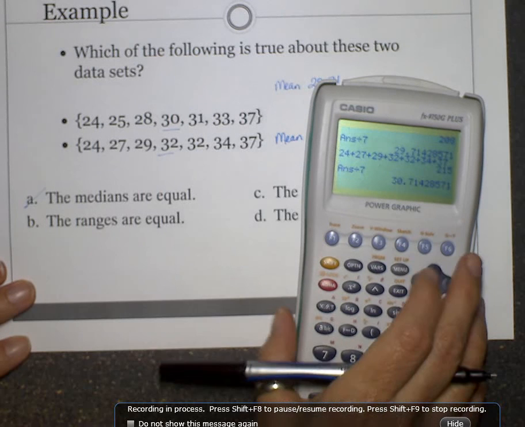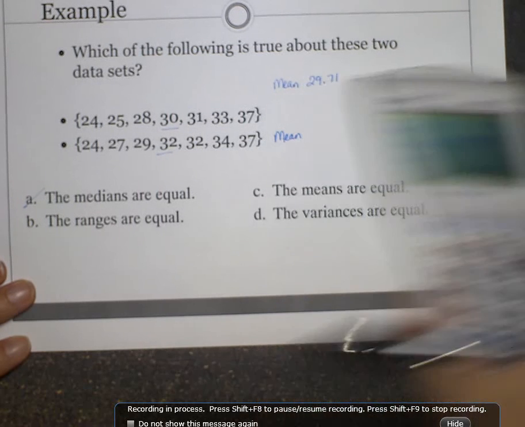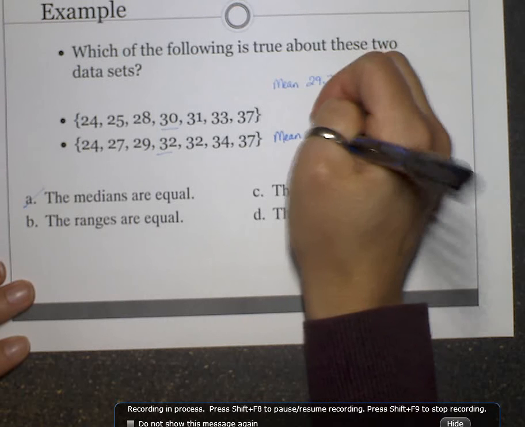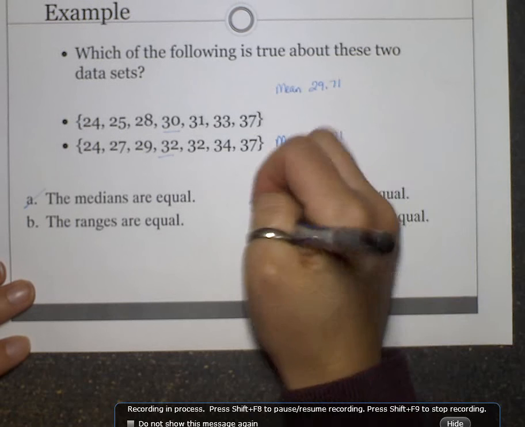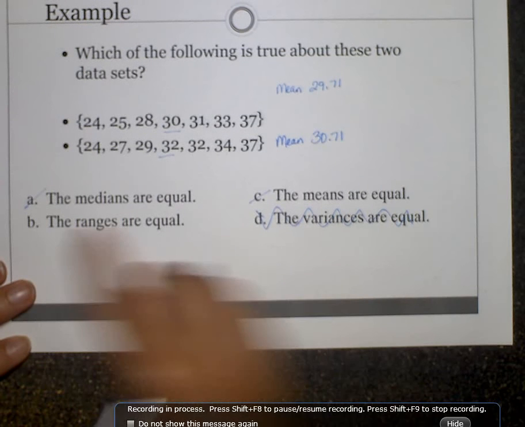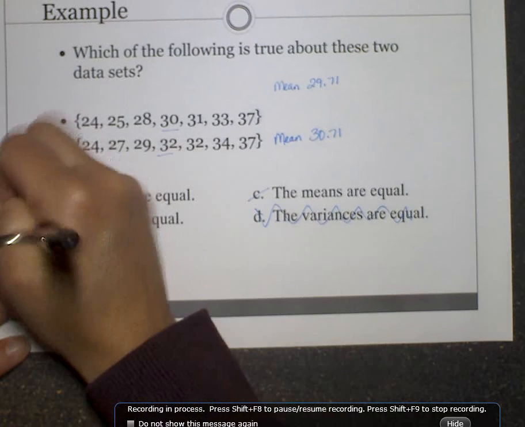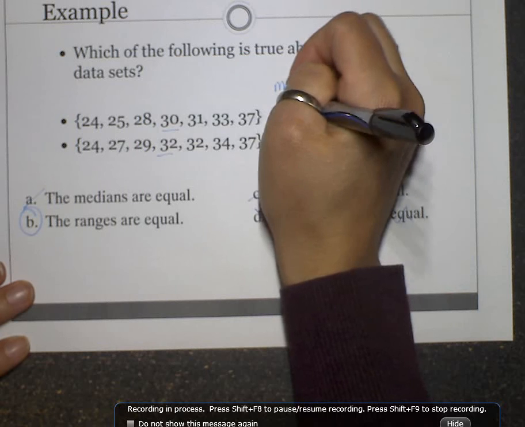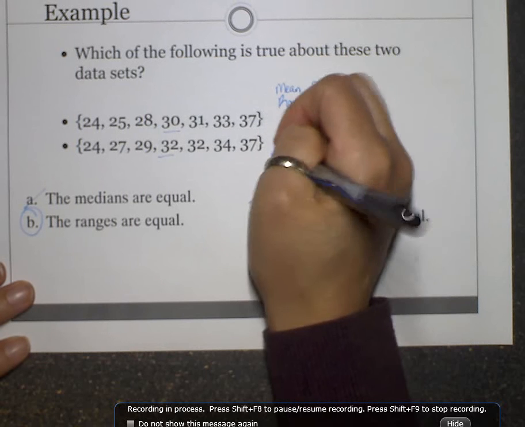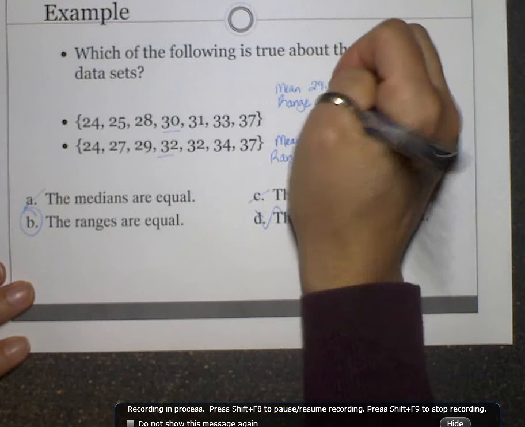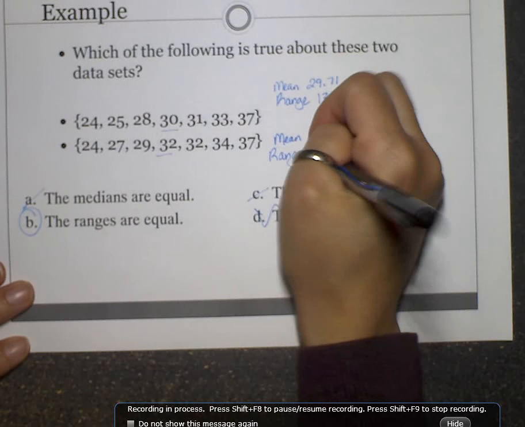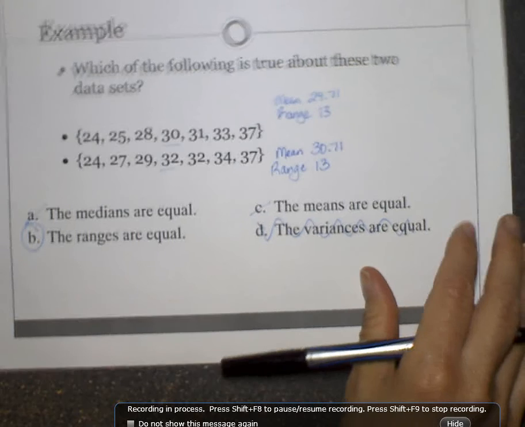This one is coming to 30.71. My means are not equal. I already told you this one right here is a distractor. Just mark it out, which means my ranges better be equal. So let's just check the range. 37 minus 24, 13. 37 minus 24, 13. The ranges are indeed equal.